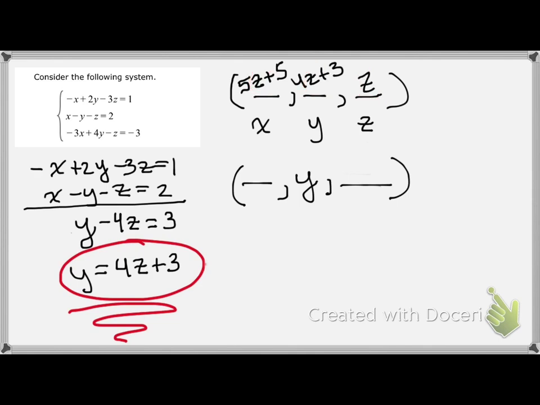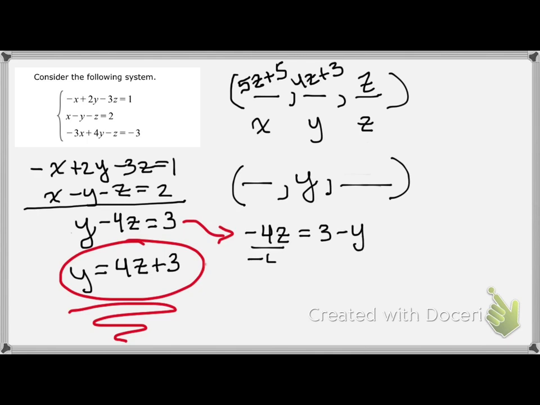And that was just the most convenient thing to do because I had this y here that was easy to solve for. Now look, if I solved for z, it's just not as convenient. So if I take this one and I solve for z, what do I get? I get negative 4z is equal to 3 minus y.